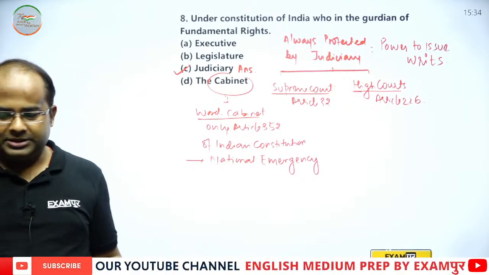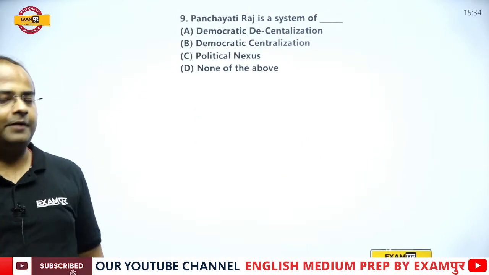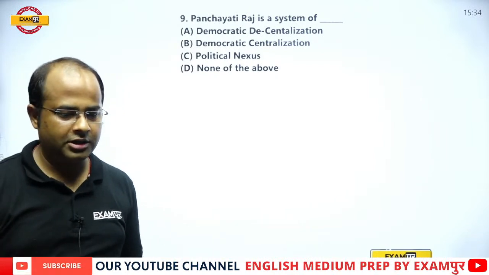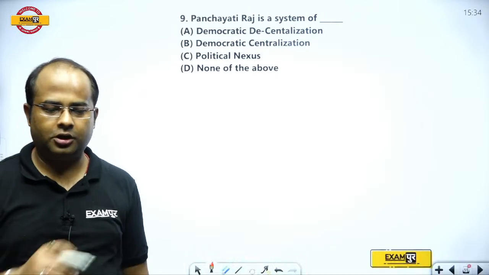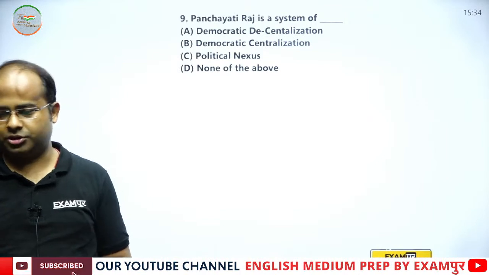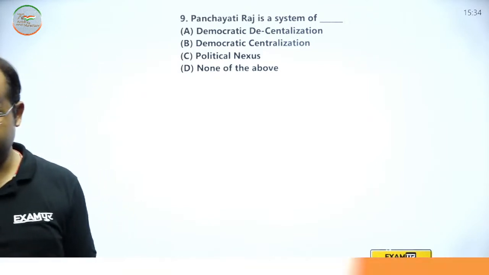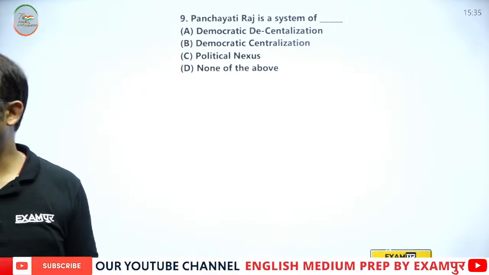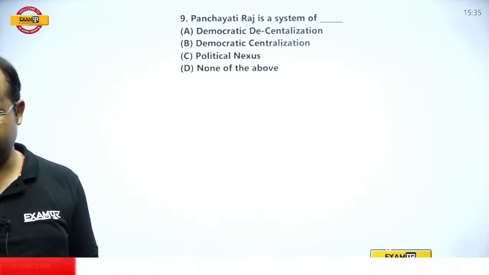Okay, now guys, let's move to the next question. Next question: Panchayati Raj is a system of democratic decentralization, democratic centralization, political nexus, or none of the above. So, what type of system is the Panchayati Raj institution?